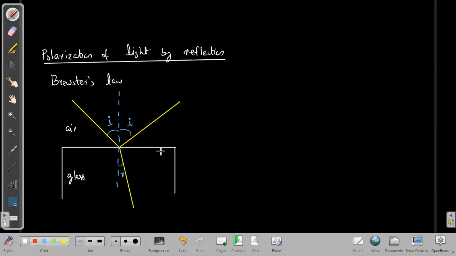You might be remembering that formula. It's called Snell's law: n1 sin i equals n2 sin r, where n1 is the refractive index of the first medium and n2 is the refractive index of the second medium. So if n2 is greater than n1, obviously r should be less than i.